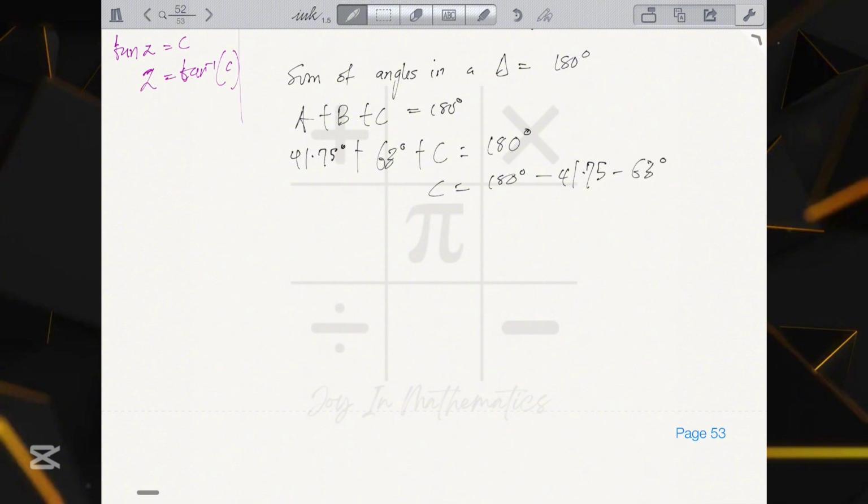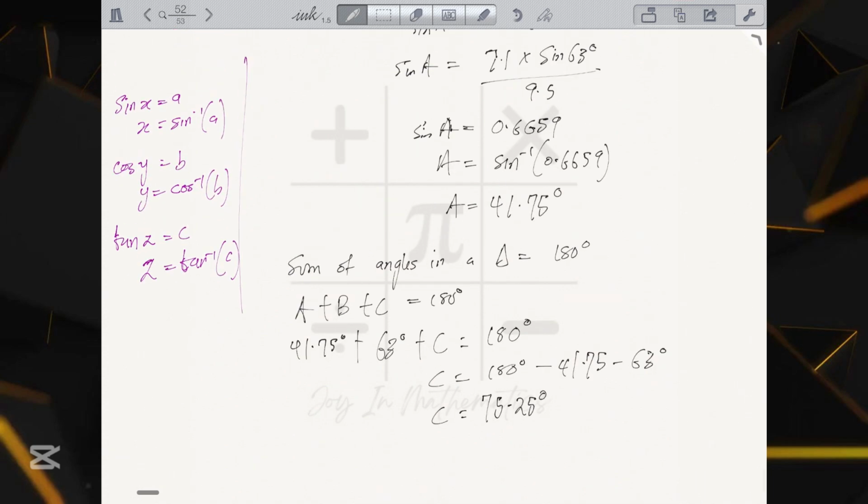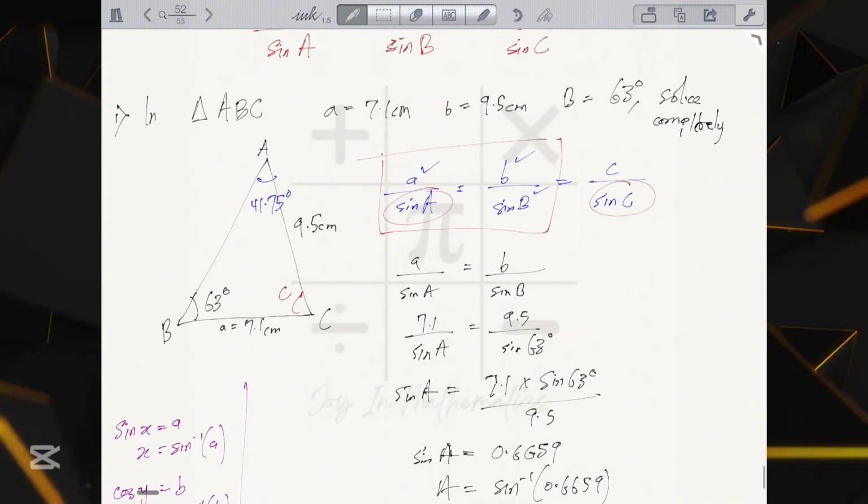So using our calculator, 180 minus 41.75 minus 63, this will give us 75.25 degrees. Now we have simplified angle A, we have also simplified angle C. Angle C is equal to 75.25 degrees.